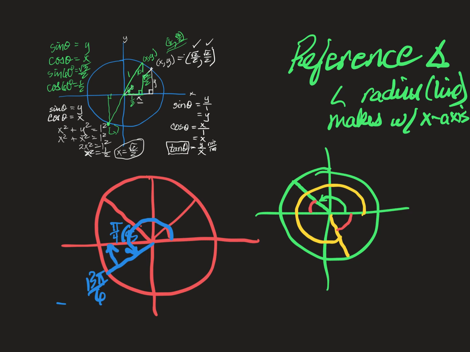So we go back. So how far are we away? Well, I didn't mean to say 13 pi over 6. I apologize. 7 pi over 6. That's better. So what's the angle we make with the x-axis? Well, this is pi right here. So you just take 7 pi over 6 minus pi, and the reference angle is pi over 6.